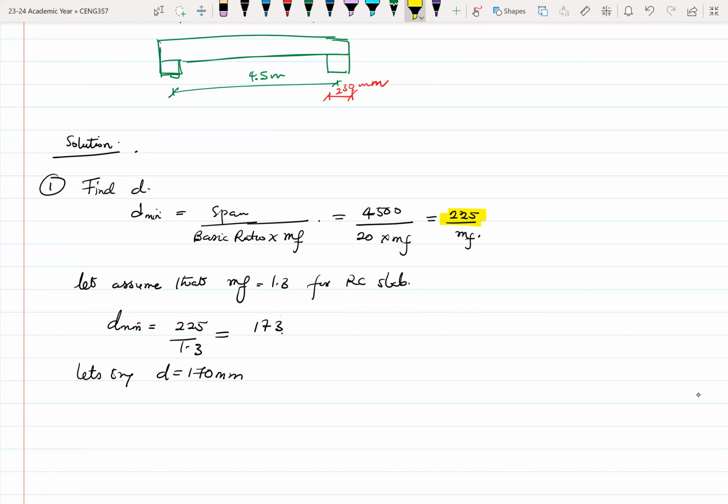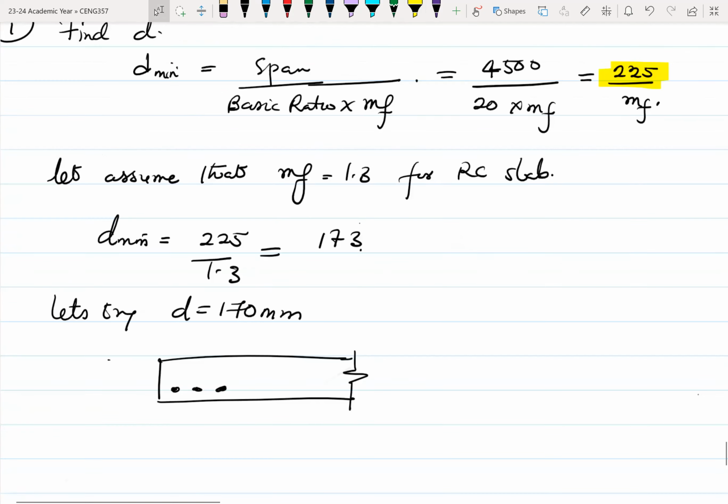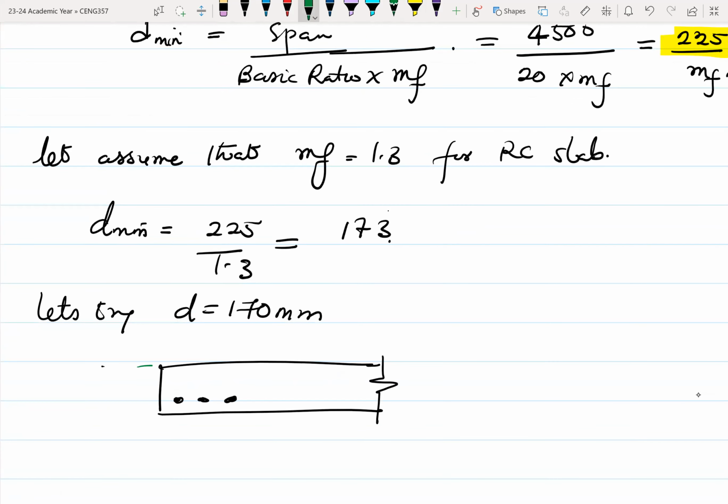So if D is 170, that means this is our slab. Assuming there's rebar over here, then our D is from the top here to this rebar.